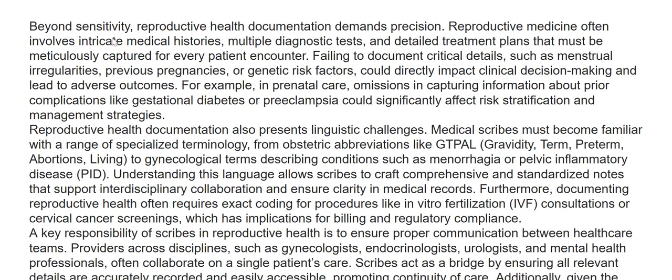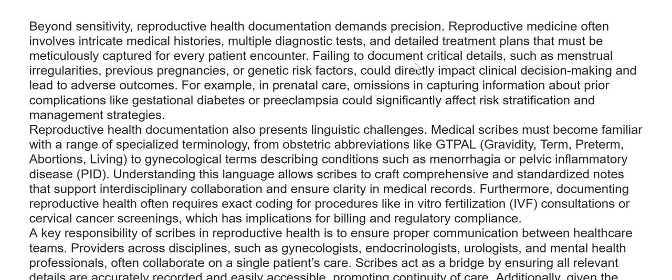Beyond sensitivity, reproductive health documentation demands precision. Reproductive medicine often involves intricate medical histories, multiple diagnostic tests, and detailed treatment plans that must be meticulously captured for every patient encounter.